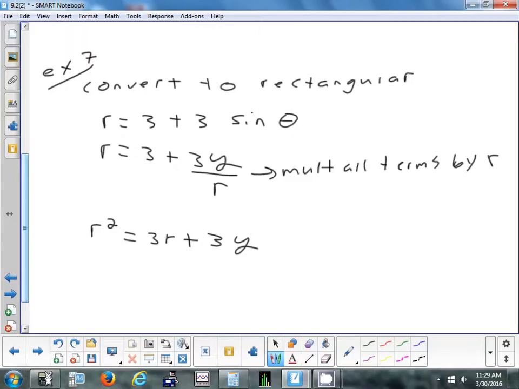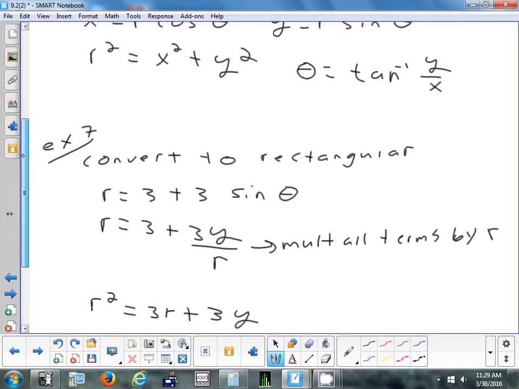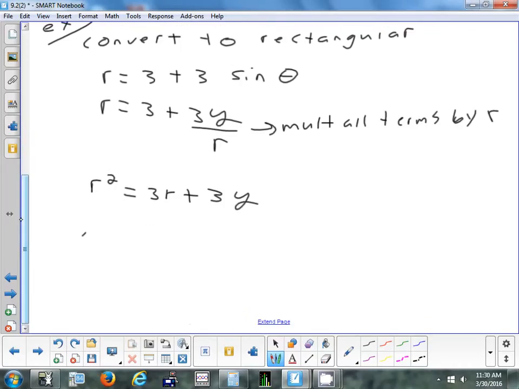But now, what do I have to get rid of? The r's. Do I have a formula for r squared? What is r squared? X squared plus y squared. Now I need to know what's r. Could I plug in for that?